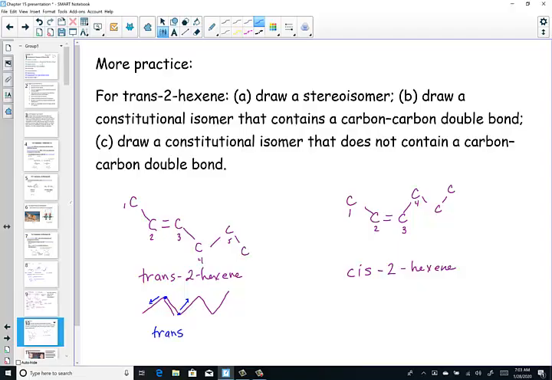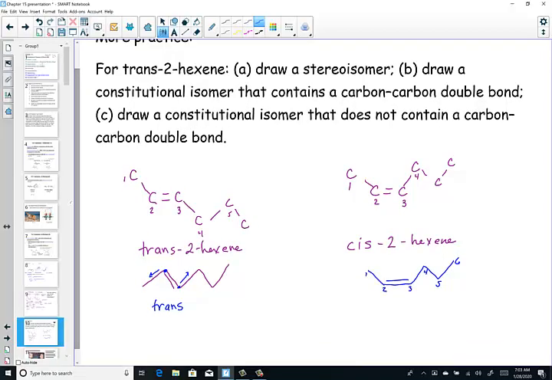Now, when I think about the cis and how the bond line has to work there, in order for both to come up out of the plane of the double bond, I always like to start with that position of the skeletal structure. Carbon 1 is pointing up, carbon 3 is pointing up to number 4, and then I can just continue my zigzag. 1, 2, 3, 4, 5, 6. There's my cis configuration.